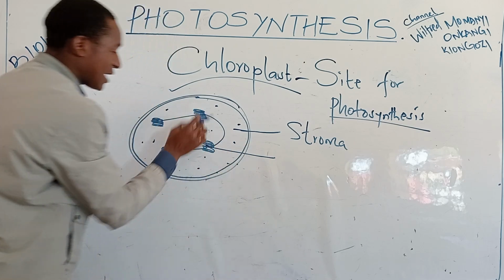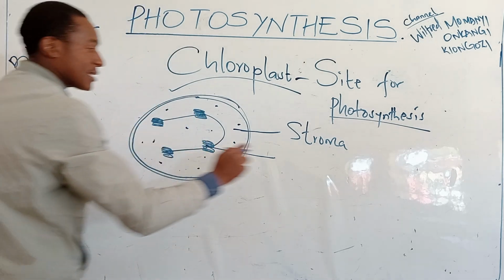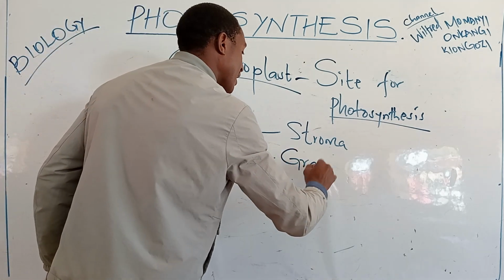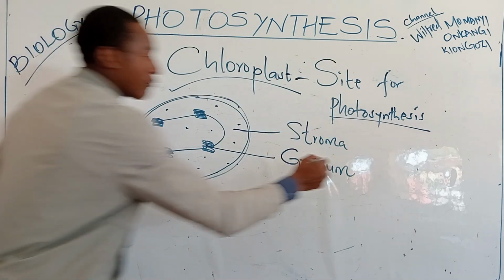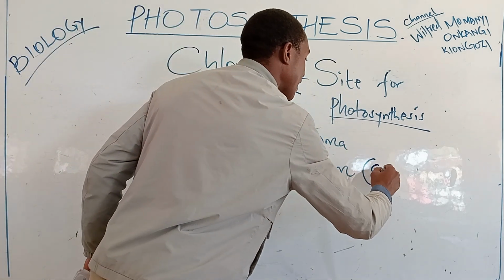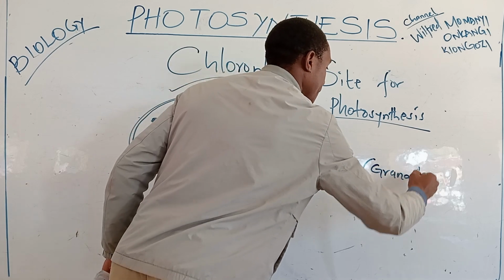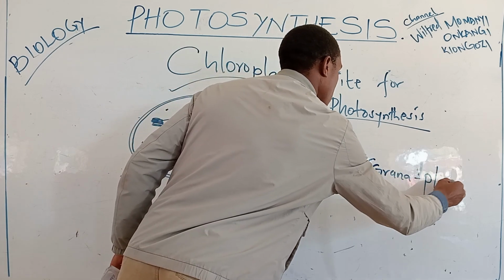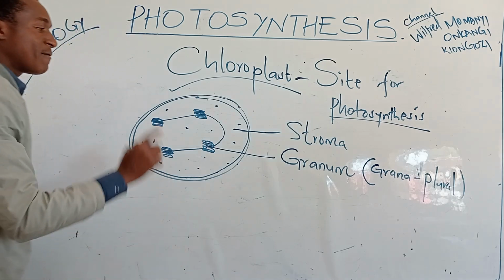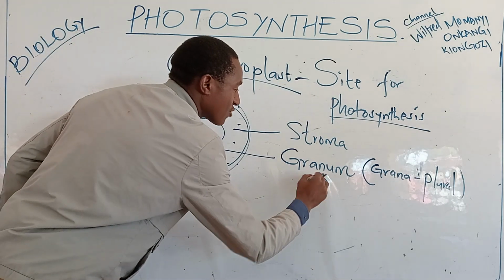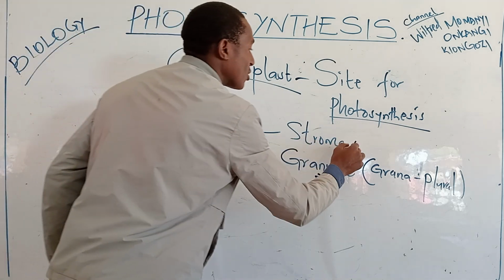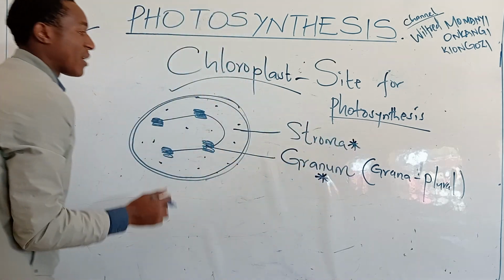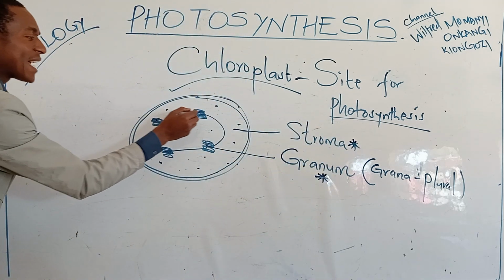This one here, the darker structures, one is called granum. A granum, if they are several for plural, we say grana for plural. So that is a very important structure in photosynthesis. We also have this one that is also very, very important, the stroma. Then we have this structure between the grana.